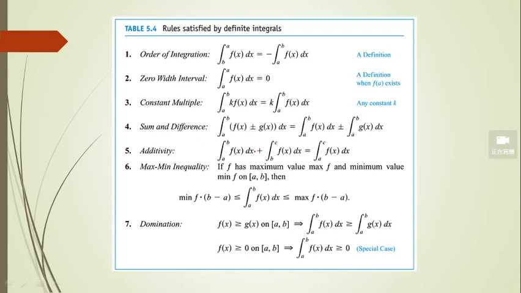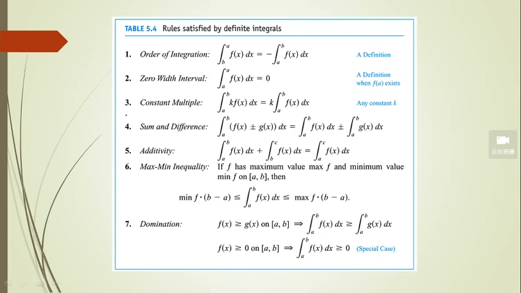For example, the integral from a to b of x dx has the formula 1/2 b squared minus 1/2 a squared. When b equals a, a squared minus a squared gives 0, right? This is one example when f(x) is x. It applies to any function f(x): from a to a is 0 because no region is formed, so the area is 0.